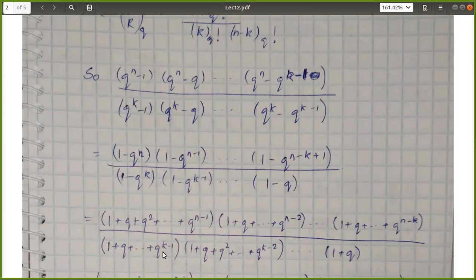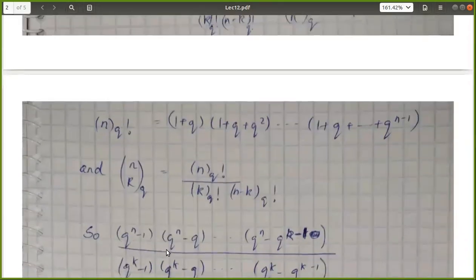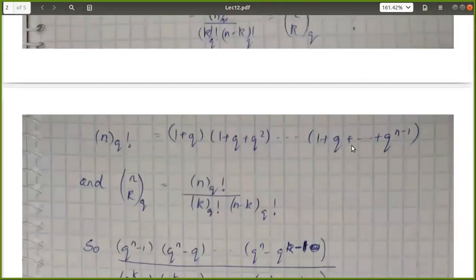Now just compare this particular thing. If you try to read it from here, it is 1 plus q times 1 plus q square and so on till 1 plus q raised to k minus 1 with this term. Then what do you get?